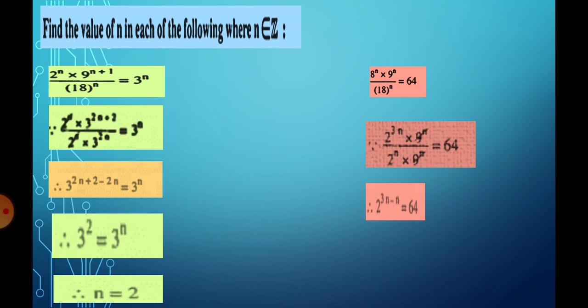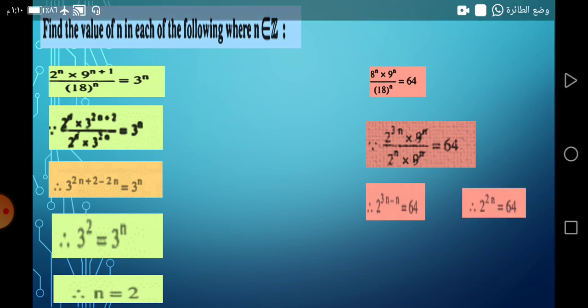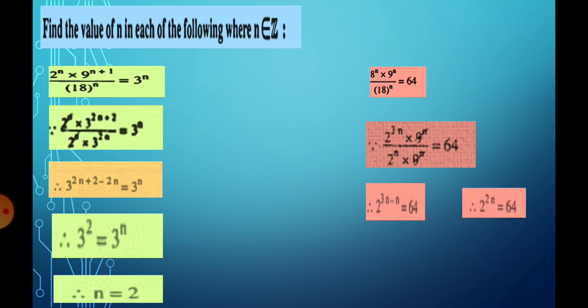2 to the power 3n minus n. It will be 2 to the power 2n. The left hand side is 2 to the power 2n, and the right hand side is 64. We must change the form of 64 to 2 to the power something. 64 equals 8 times 8. 8 means 2 to the power 3, so 2 to the power 3 times 2 to the power 3.